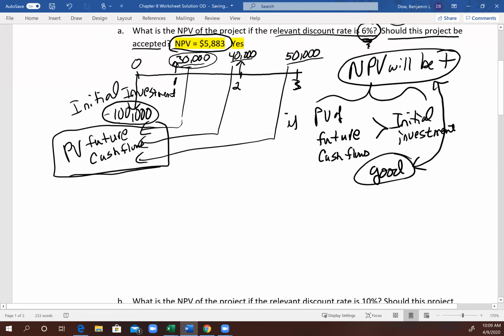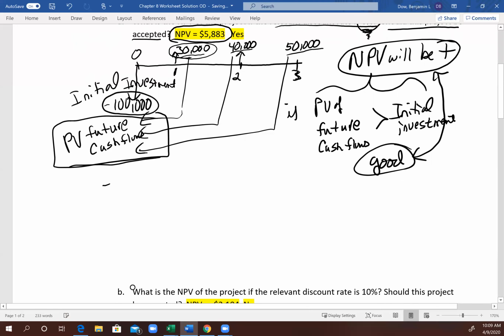How do I figure that out? Would you still use the 30,000 as the PV? Now the 30,000 is in year 1. That's at the end of 1 year, and I want to figure out what it's worth today.